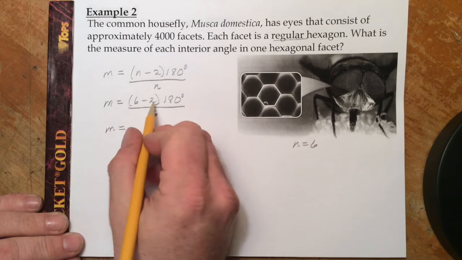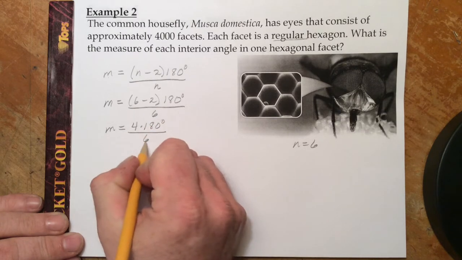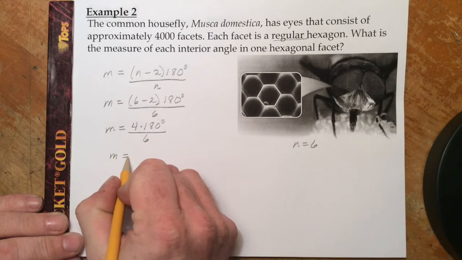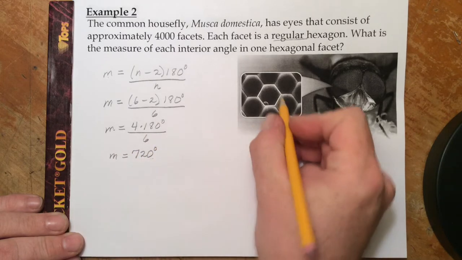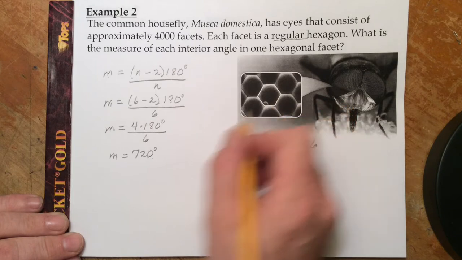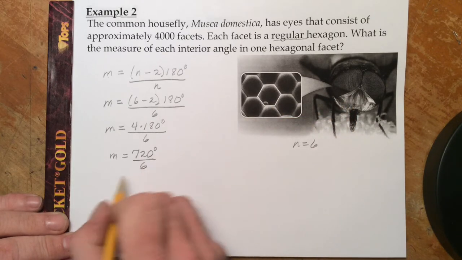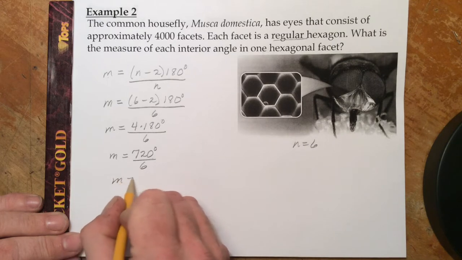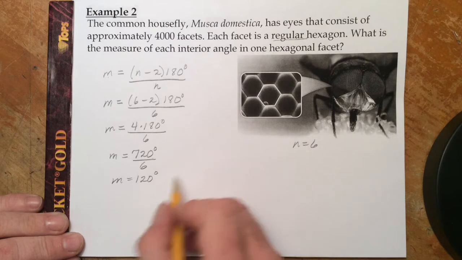M is equal to 6 minus 2 is 4 times 180 degrees divided by 6. So m is equal to 4 times 180, 720 degrees. Remember, this is the total sum of all the angles in a hexagon, any hexagon. Then when we divide by 6 angles, or 6 sides, we get 120 degrees per angle in a regular hexagon.